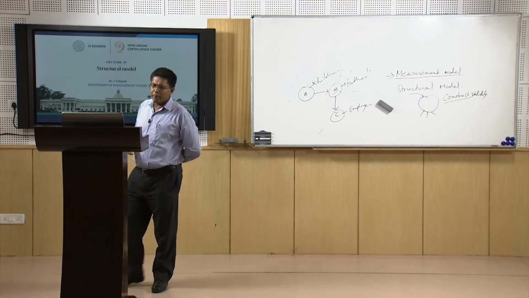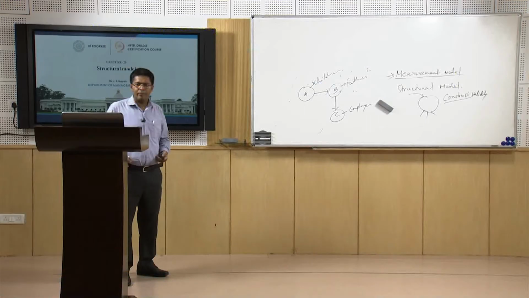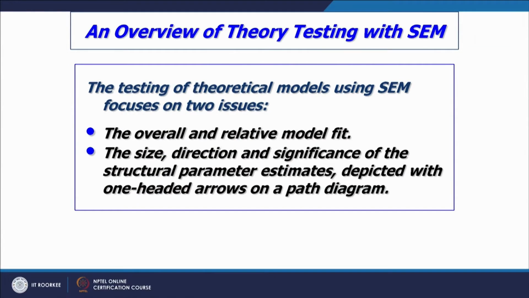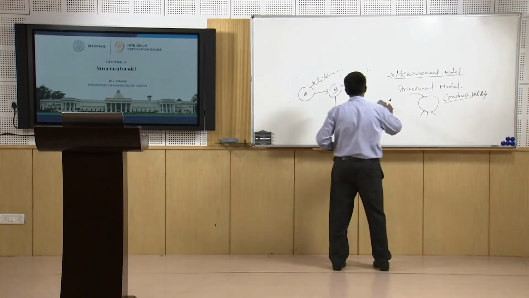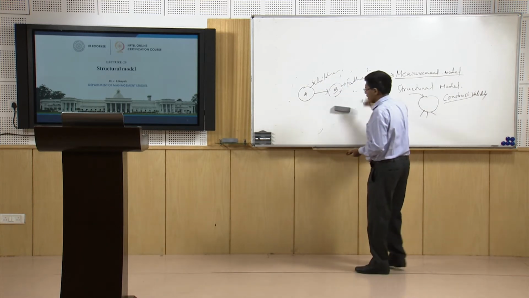The structural model represents the theory with a set of structural equations and is usually depicted with a visual diagram. The visual diagram is this, okay. So, what are we focusing on here? We are focusing on the overall and the relative model fit, right, and the size, direction and significance of the structural parameter estimates. Now, the estimates, if you think of these in a simple way, are the regression estimates, the regression coefficients, right.